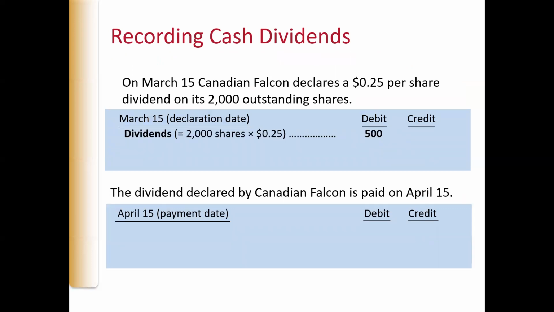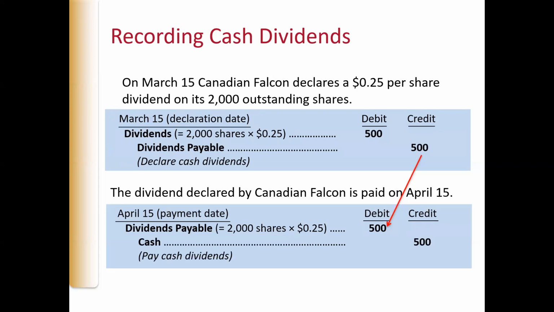So on the declaration date, we debit dividends of $500 and credit dividends payable of $500. Then on the payment date, it's at that time we'll debit our dividends payable and we will credit our cash of $500.